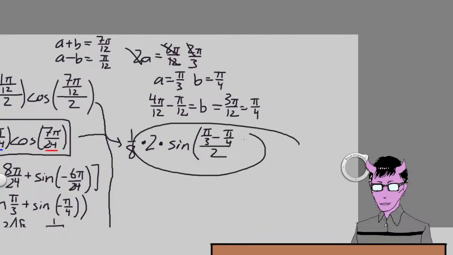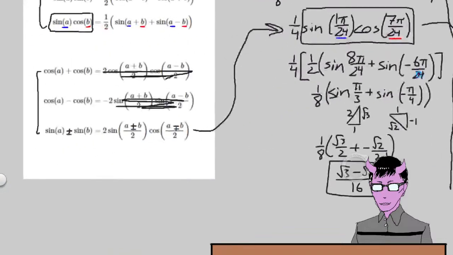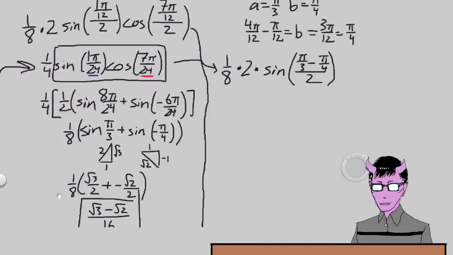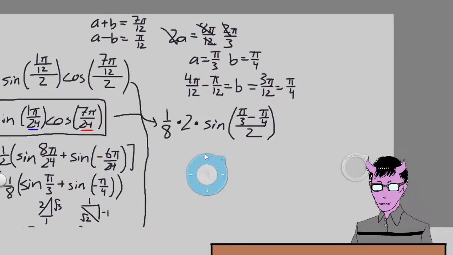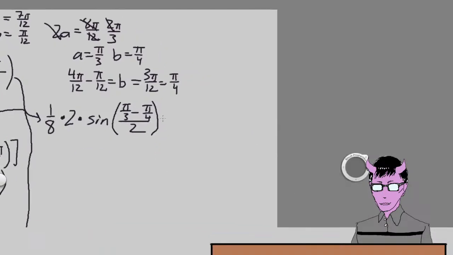Well, technically we don't really need the setup, but I just want to make sure it looks exactly like this one. And then what else? Cosine of a plus b.